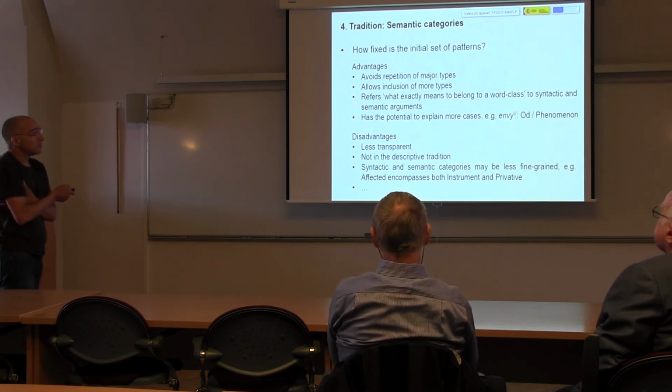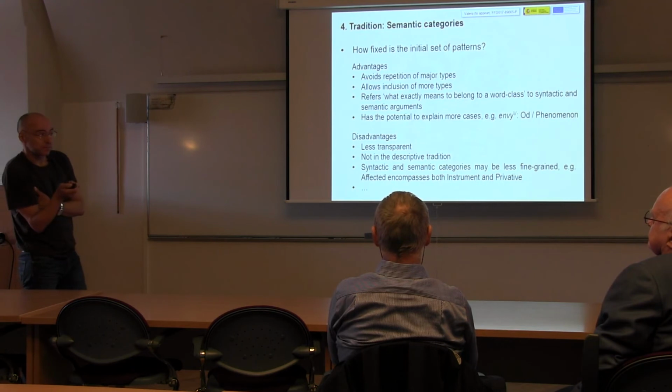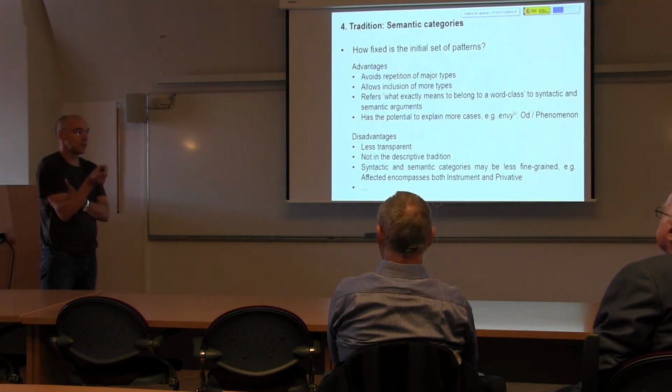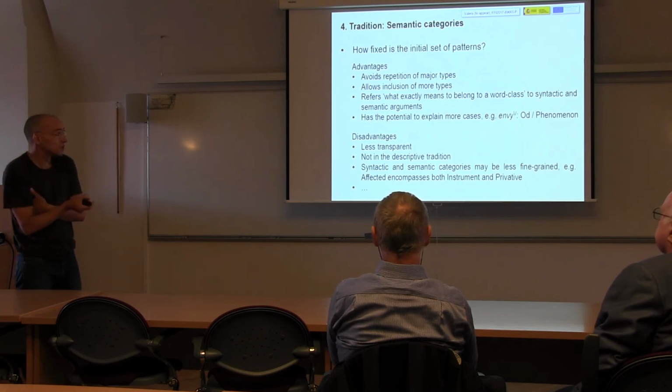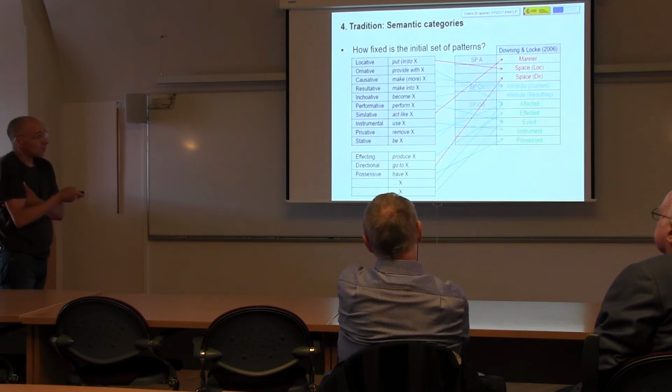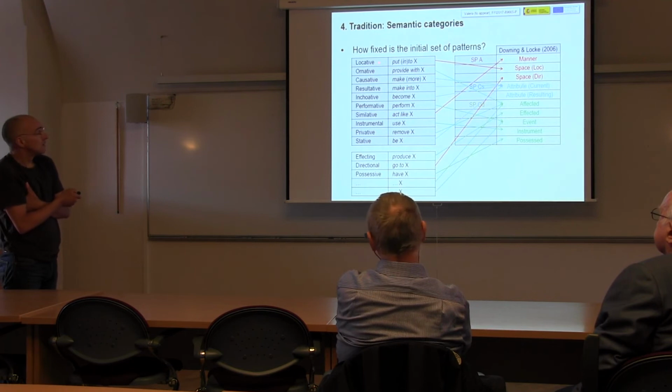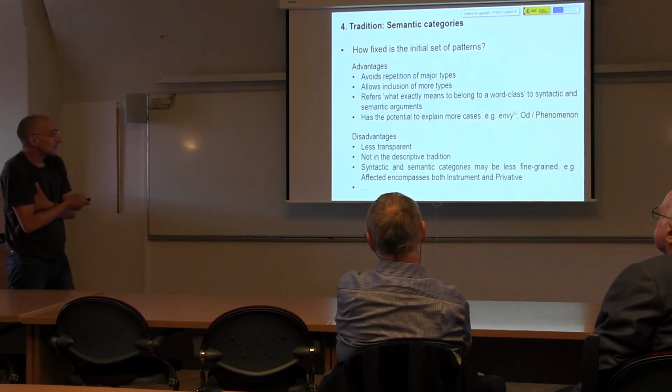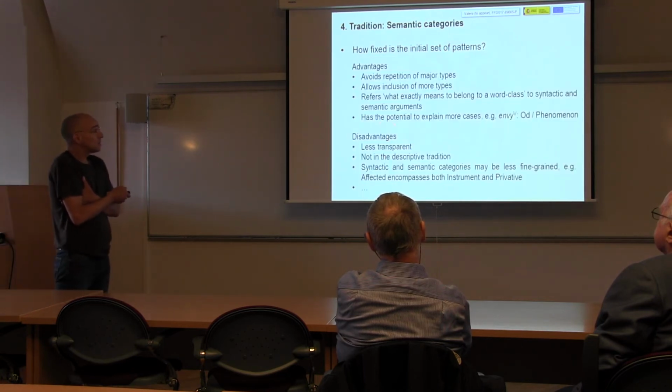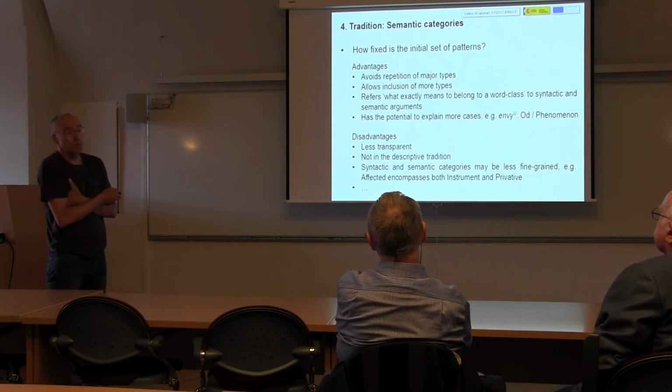Well, a possible advantage is that it refers the role of the noun with respect to the categorical meaning of the verb to specific syntactic and semantic functions, which are easier to handle, or for me are easier to handle than a list of conceptual classes as listed here. And it has the potential to explain more cases. Which other cases?